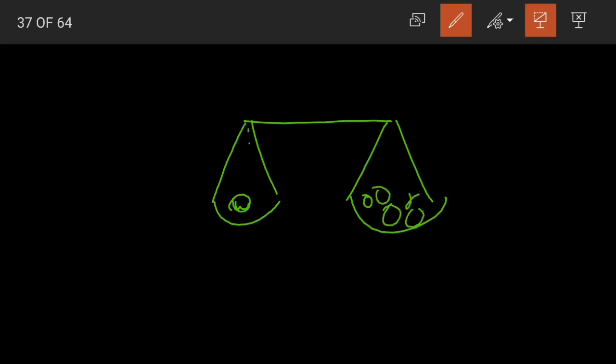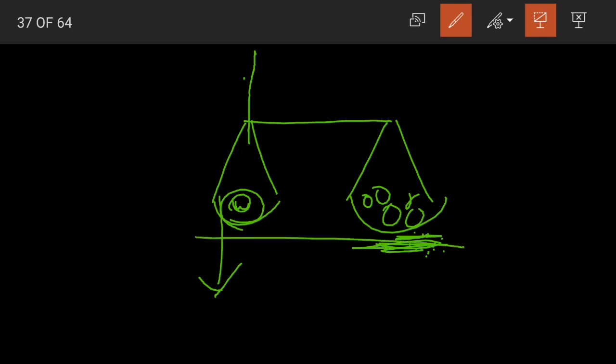Sometimes this side, the side with the weight, goes up. That means the weight of the objects is more. And sometimes this side goes down. That means here the weight of the objects is less. Understood? So like this you have to balance.